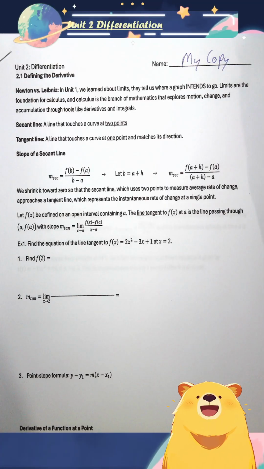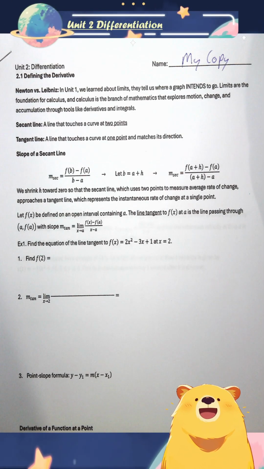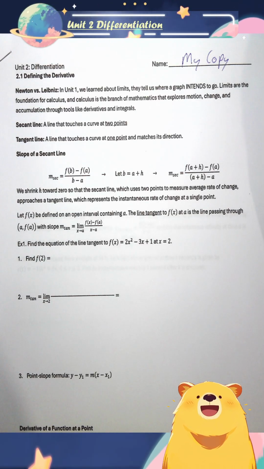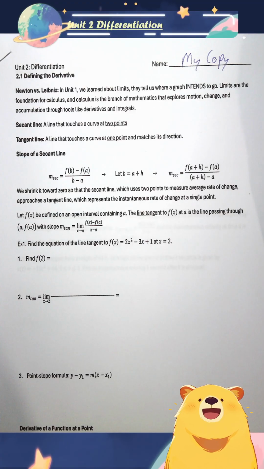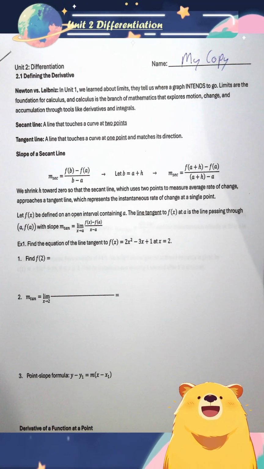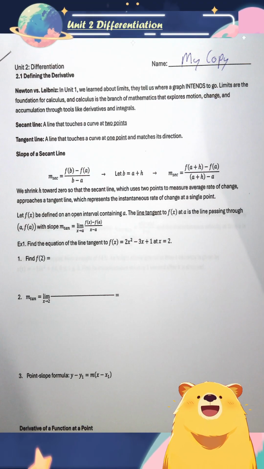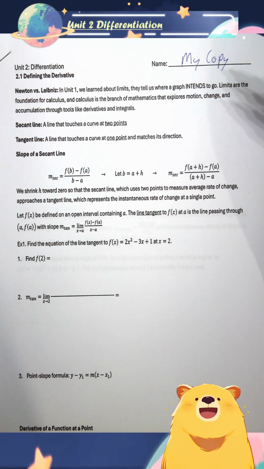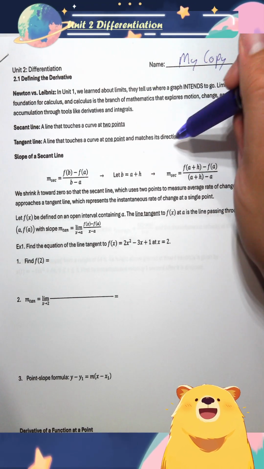All right. So in unit 1 we learned about limits. They tell us where a graph tends to go. Limits are the foundation for calculus, and calculus is the branch of mathematics that explores motion, change, and accumulation through tools like derivatives and integrals. So we're going to talk about a couple of technicalities, the secant line and the tangent line.